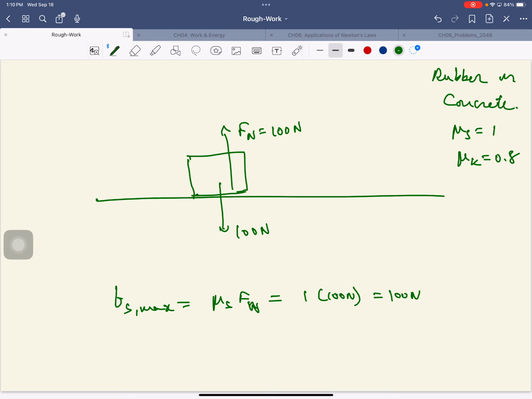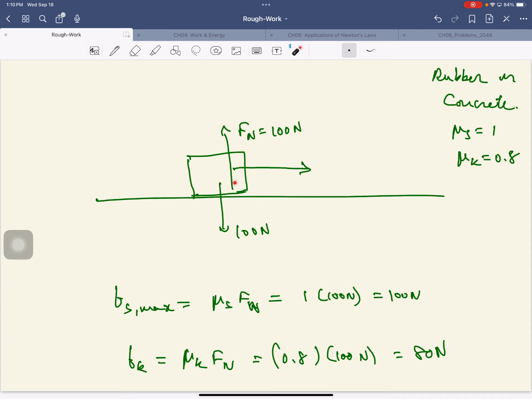So what this is telling you is that to get this block moving, you have to apply a 100 newton force. The kinetic friction force is mu k times the normal force, 0.8 times that, 80 newtons. And to keep this moving at constant velocity, all you need to do is balance the kinetic friction force. So to keep it moving, all you need is 80 newtons of force. That's what that means.